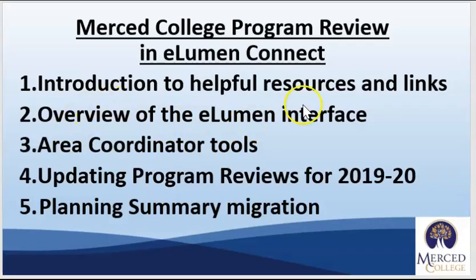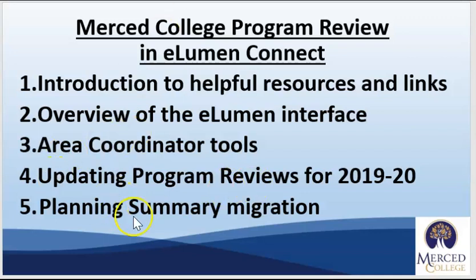In the second video, we did an overview of the eLumen interface to take a look at the Strategic Planning Initiative tab and the Org Management tab. And in the third video, we looked at some of the tools available for the area coordinator, especially related to the org management, where you can set up the profile for your area and your department, and you can start listing your goals and your objectives.